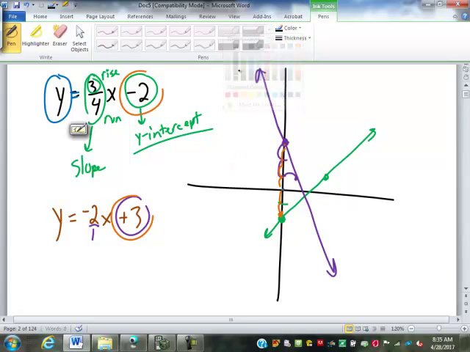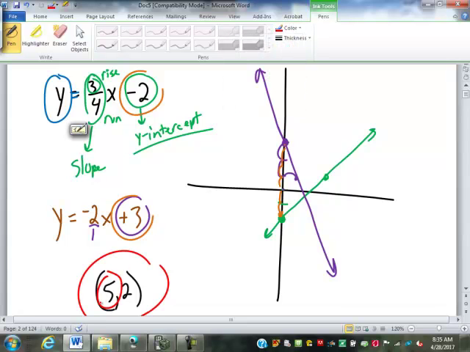But when we're plotting points, remember, if I have the point (5, 2), the first number is not up or down, it's the x. It's left or right. So to plot that point, we go over 1, 2, 3, 4, 5, and then we go up the 2. So it's exactly backwards when we're plotting points on the graph. So you have to be very careful with that.